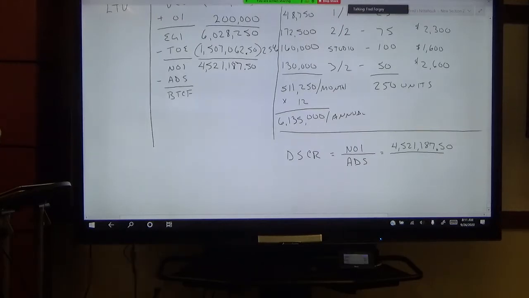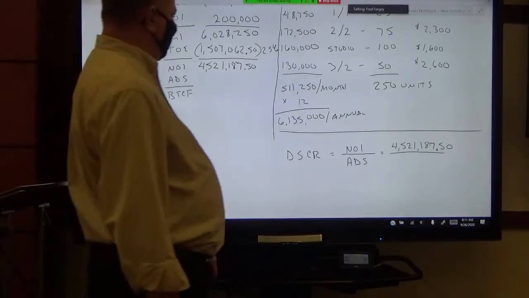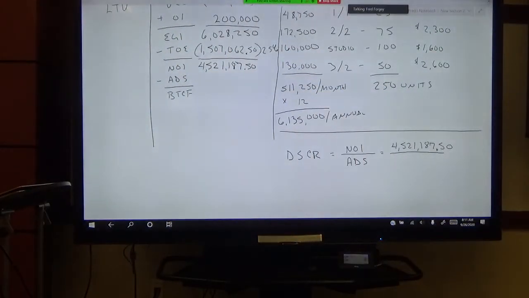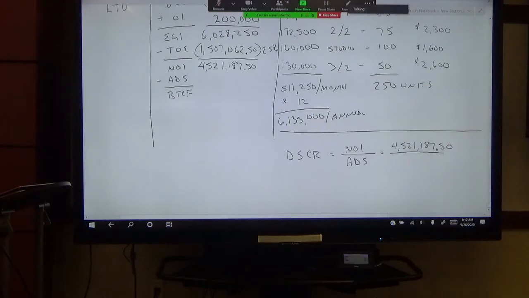Now, let's talk about what this ratio is. The lender has one primary concern. What do you think that primary concern is? Paying them back. They get paid back, okay? That's really all they care about. And they want to know what is the likelihood they're going to get paid back.